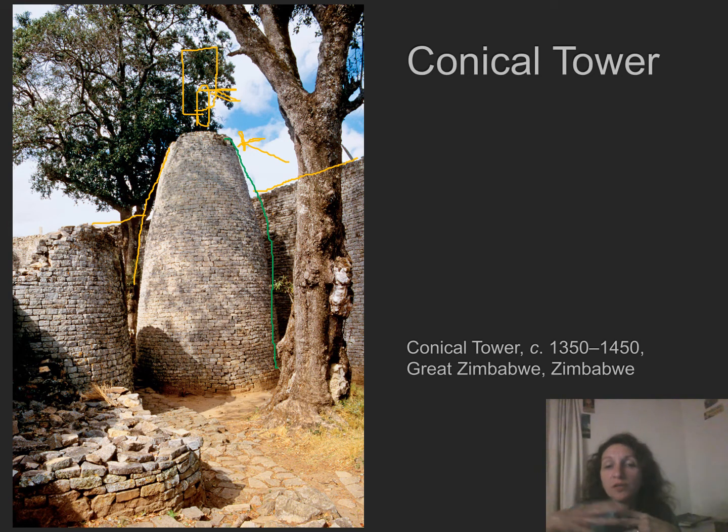You could say that it could be military might, it could be religious might, but these conic towers are definitely communicating something to you as the viewer, and that something is definitely going to have to do with the prosperity of the area and the value of the area.